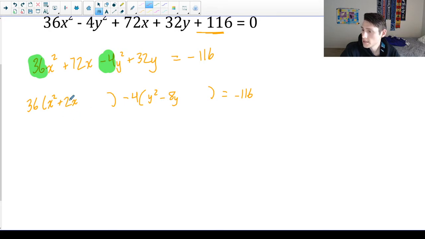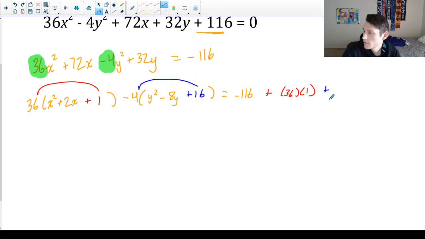Complete the square twice, so 2 divided by 2 is 1. 1 squared is 1. But I'm not just adding 1, I'm adding 36 times 1. Negative 8 over 2 is negative 4. Negative 4 squared is 16. But I'm not just adding 16, I'm adding 4 times 16.